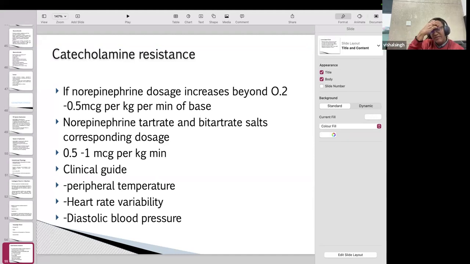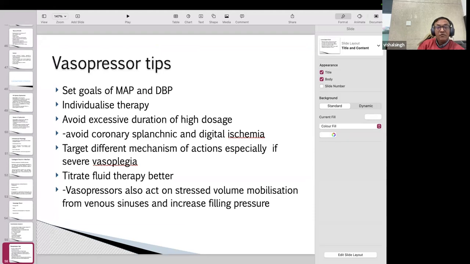Now, how do you know clinically? By looking at the peripheral temperature, the heart rate variability, and the diastolic blood pressure. So, to summarize, as we are saying again and again, one has to set goals of mean arterial pressure and diastolic blood pressure, individualized therapy, avoid excessive duration of high dosage vasopressors, avoid coronary, splanchnic and digital ischemia, target different mechanisms of action, especially if severe vasoplegia, titrate fluid therapy better.